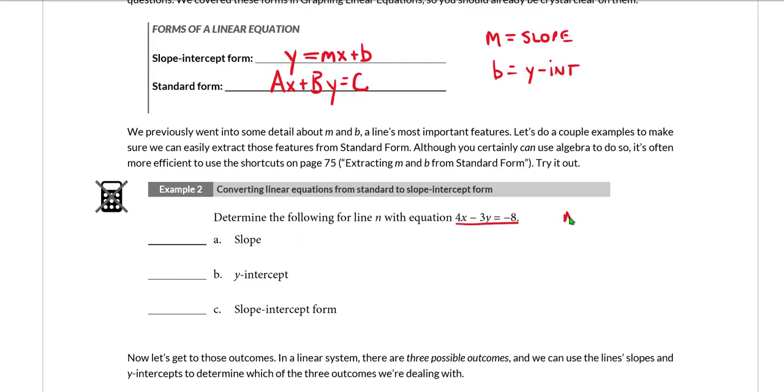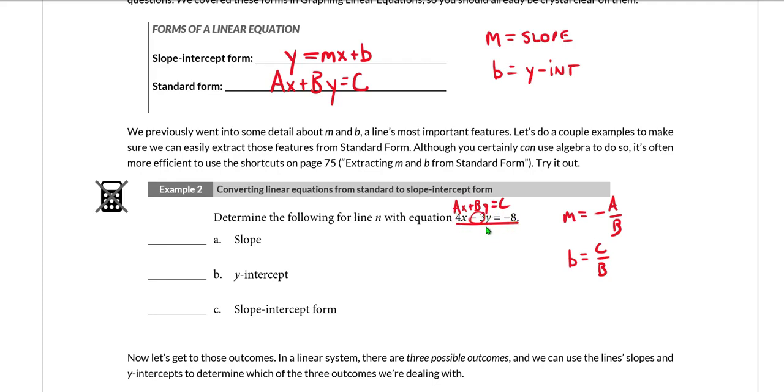You learned in section 8 that m equals negative a over b, where in this case you have a equaling 4, b equaling negative 3, and c equaling negative 8. So you know that your slope is negative a over b. You know that your y-intercept is c over b. So we are going to use those shortcuts. If you do not know those shortcuts, you should know them.